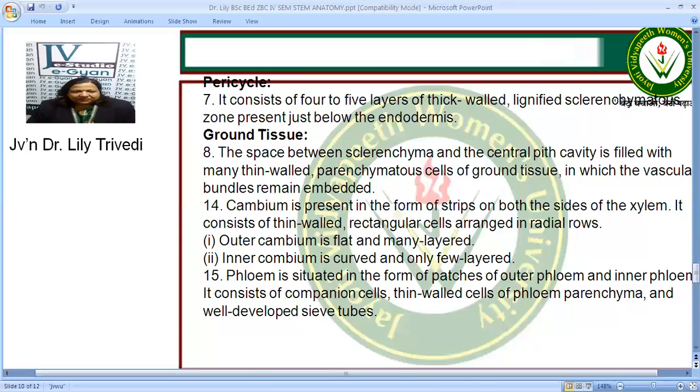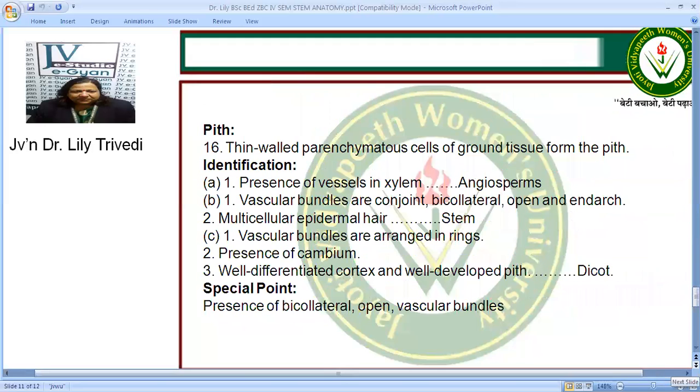Cambium is present between xylem and phloem and consists of thin-walled rectangular cells arranged in rows. The outer cambium is flat and the inner cambium is curved. Phloem is in the form of patches, outer phloem and inner phloem, and there are companion cells, phloem parenchyma, and well-developed sieve tubes. Pith, as already mentioned, consists of thin-walled parenchymatous cells in the form of ground tissue.